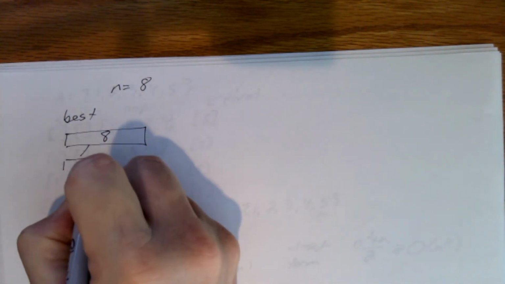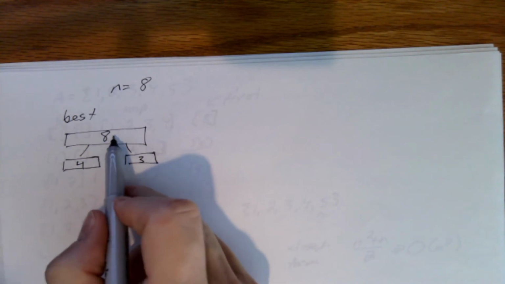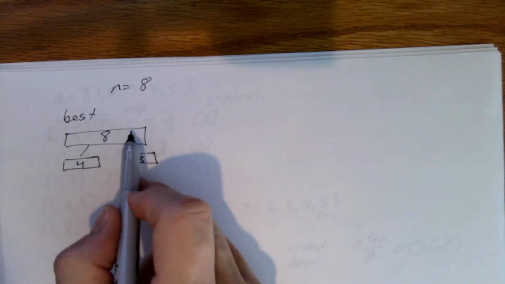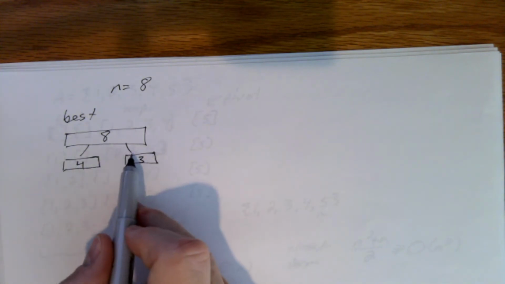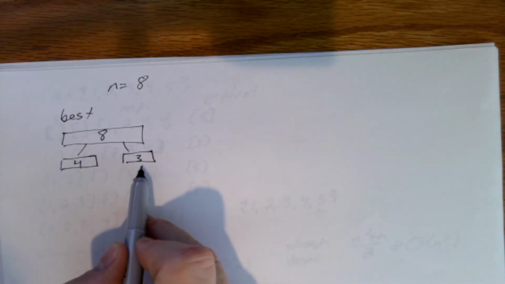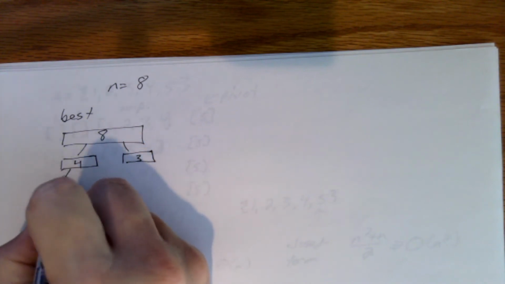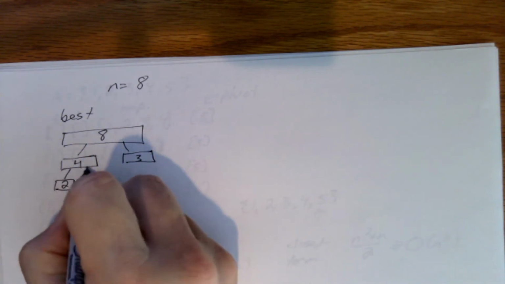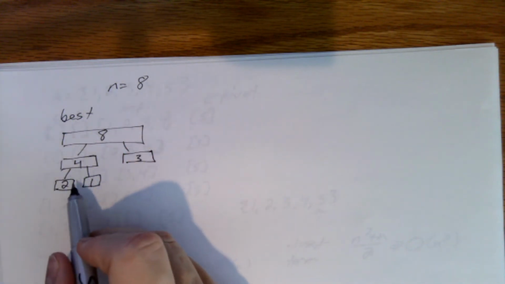So let's assume 4 went over to here, and 3 went over here, because one of these will be the pivot, leaving 7 elements, and 7 divided by 2 would be 4 and 3, if we round up and round down. Remove 1 element from 4 leaves 3. So we'll say 2 of these go on this side and 1 goes on this side. That's the closest we can get to split in half.